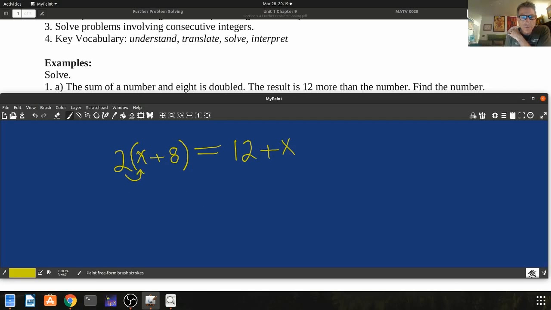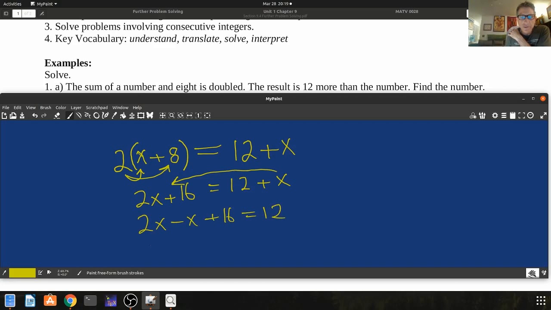So we use distribution again, and that gives us 2 times x is 2x, plus 2 times 8 is 16, and that is equal to 12 plus x. So I'm going to move this x over to here, and that's going to give me 2x minus x plus 16 is equal to 12.